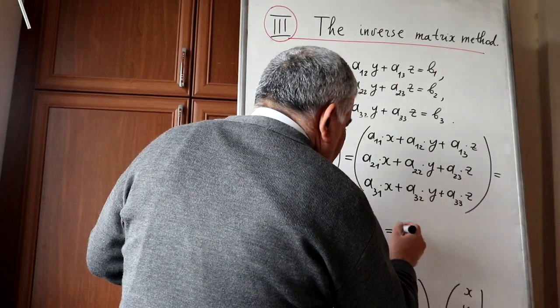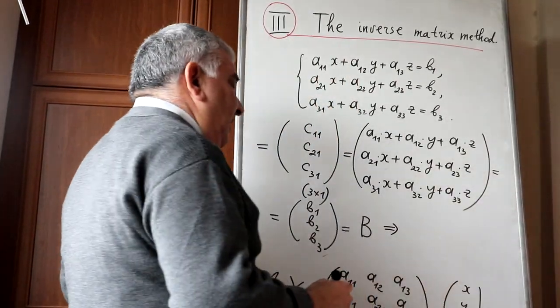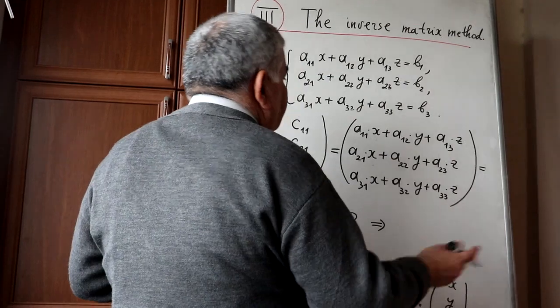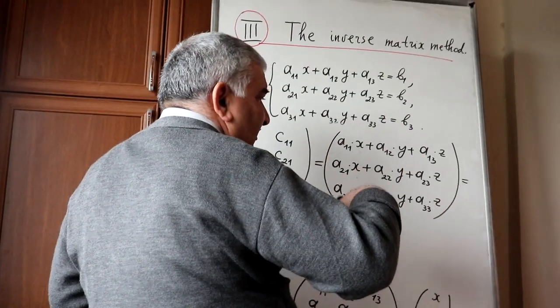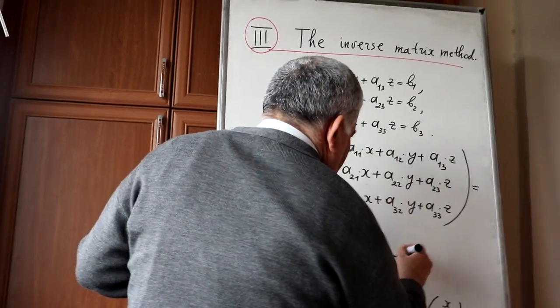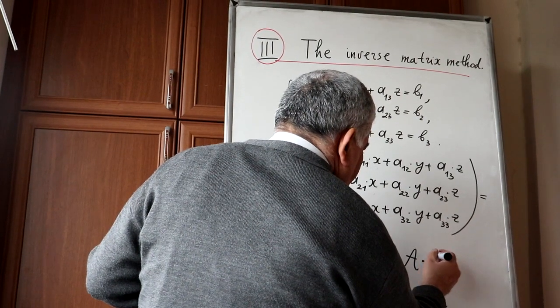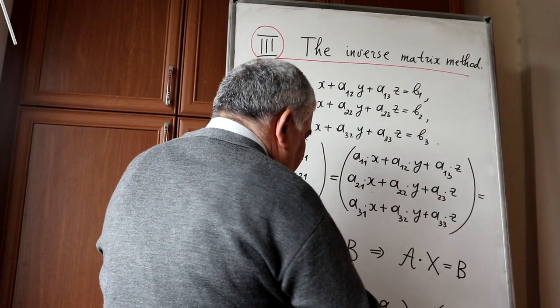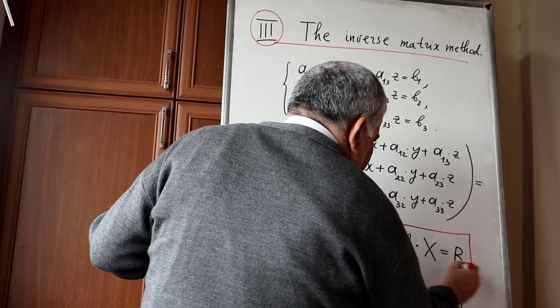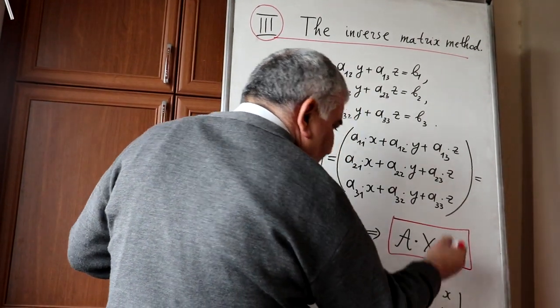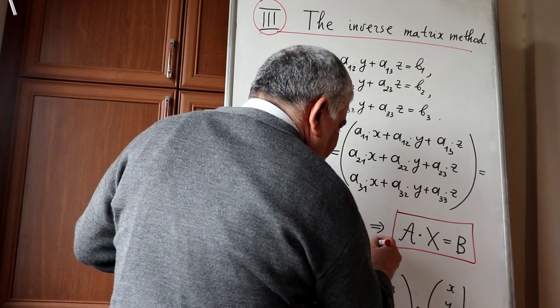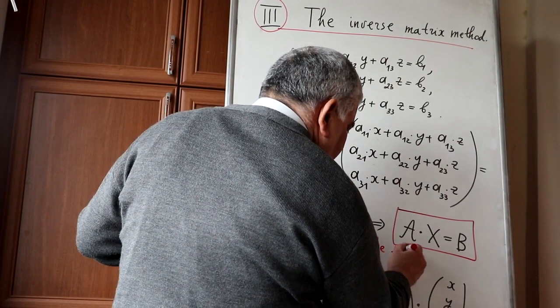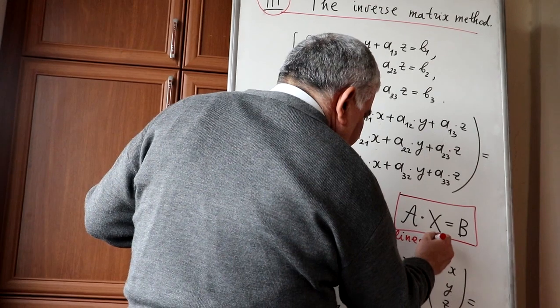And from here we obtain the linear matrix equation: A capital multiplied by X capital is B capital. It is the linear matrix equation.